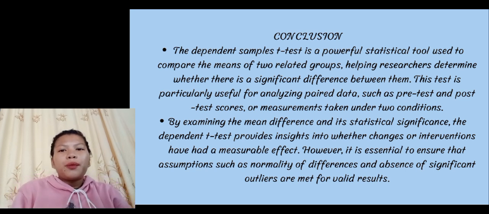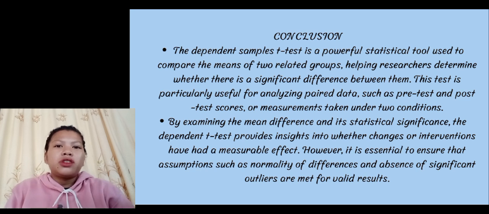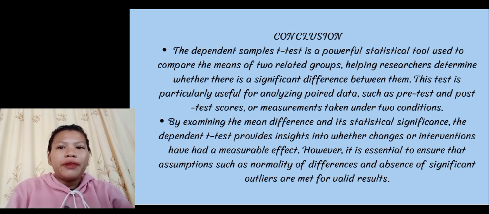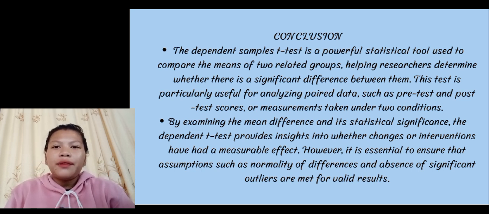Conclusion. The dependent sample t-test is a powerful statistical tool used to compare the means of two related groups, helping researchers determine whether there are significant differences between them. The t-test is particularly useful for analyzing paired data, such as pre-test and post-test scores, or measurements taken under two conditions.